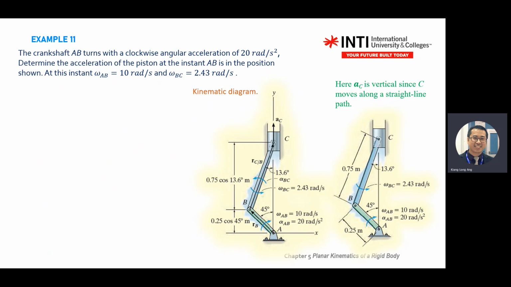If you imagine moving link AB clockwise, this arm will push point C up, right? So your C point can only move up or move down.